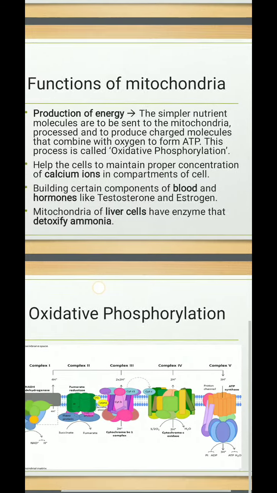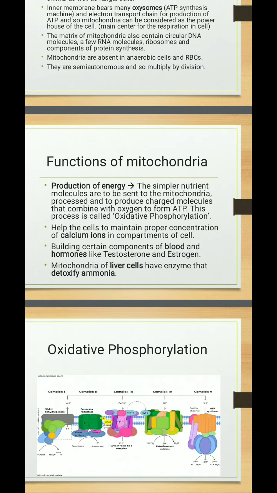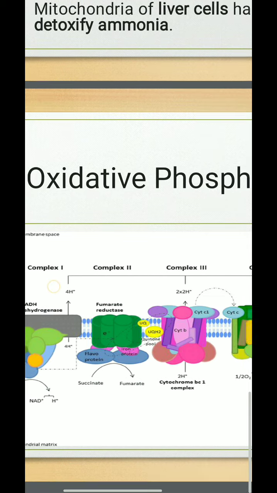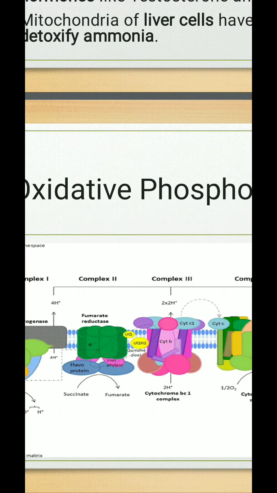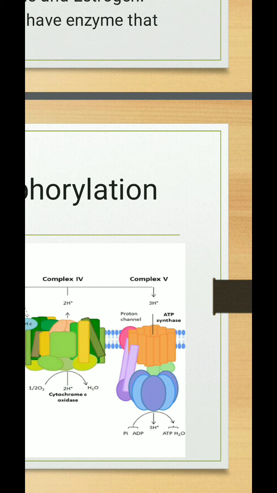Here I have given the basic structure, or the morphological features, which are present in the inner mitochondrial membrane, like complex 1, which is the NADH dehydrogenase, complex 2, which is fumarate reductase, complex 3, which mainly involves cytochrome, complex 4, which is also the cytochrome oxidase complex, and complex 5, as we discussed, where you will see the ATP synthase or ATPase enzyme.